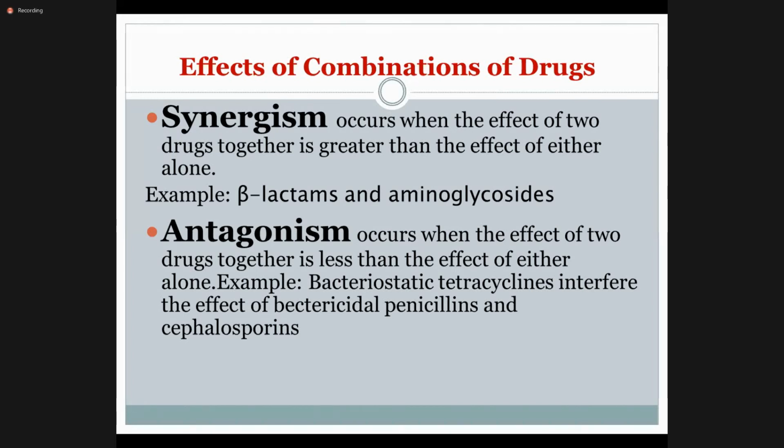If you know this, you are not going to prescribe antibiotics that produce antagonistic activity. For example, bacteriostatic tetracycline, an important group of protein synthesis inhibitors, interferes with the effect of bactericidal penicillins and cephalosporins. That is the example of antagonism.